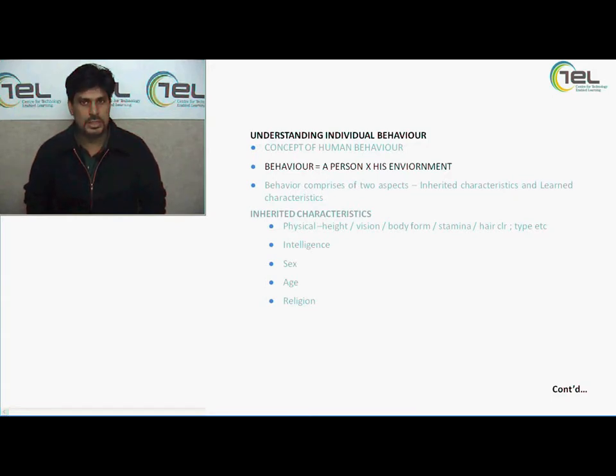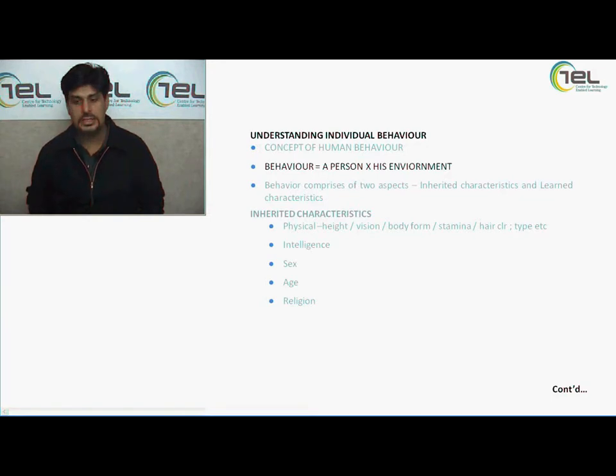Basically, that is the fundamental concept, but behavior is not all that simple, and it cannot be described purely on this basis. Behavior is a very complex set of things. It is formed of a lot of things thrown in together, an outcome of a lot of things combined together.